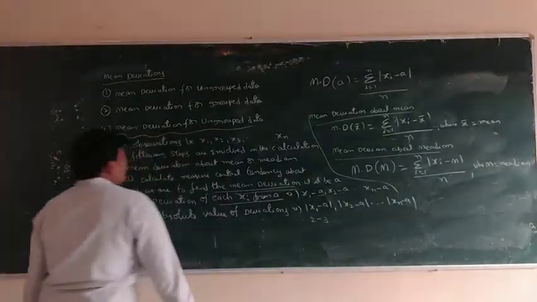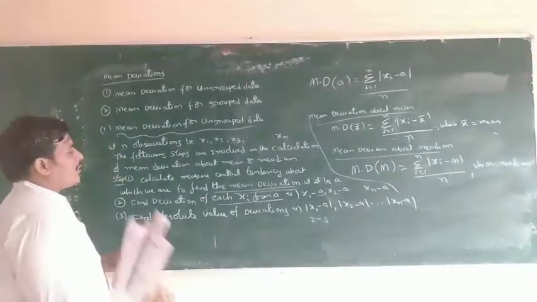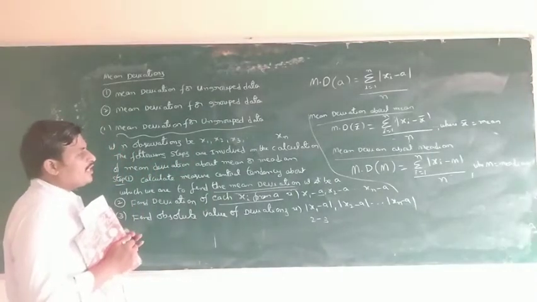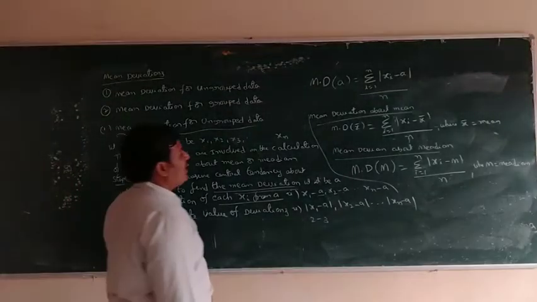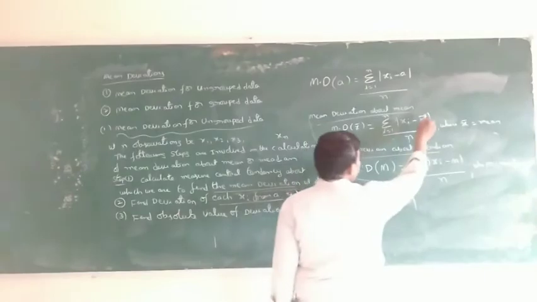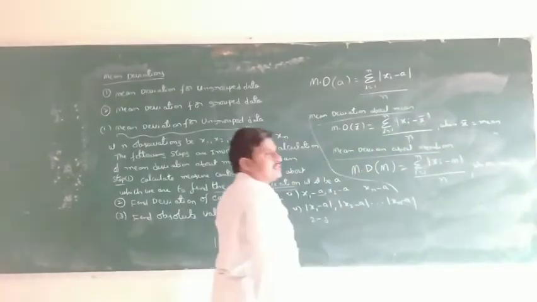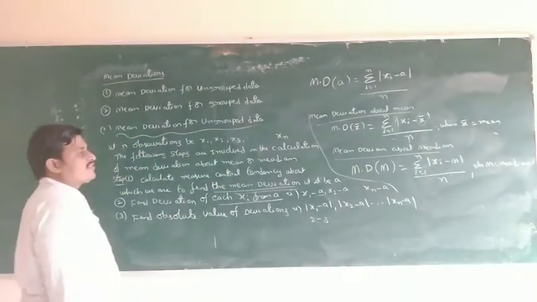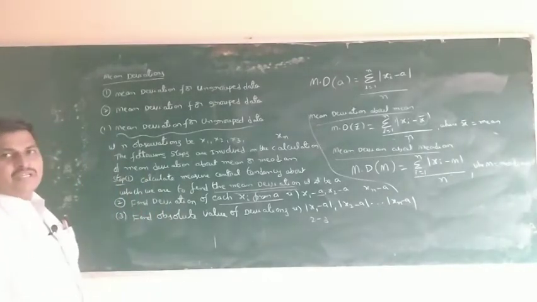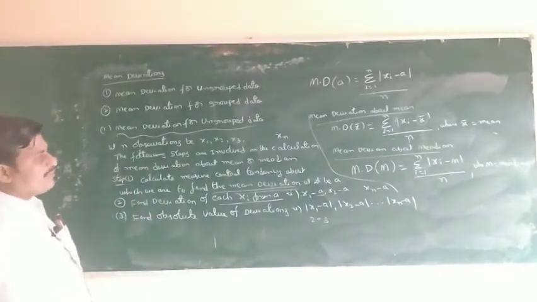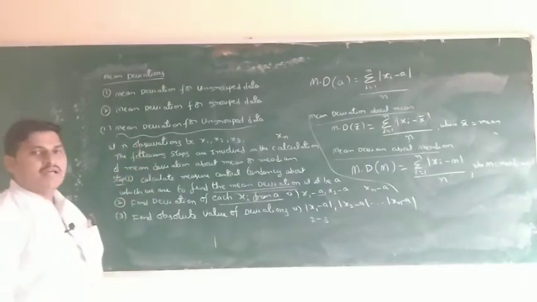For ungrouped data there are two types of problems. For mean deviation about mean, how do we calculate it? First we take the given observations and calculate the mean. What is the mean formula?